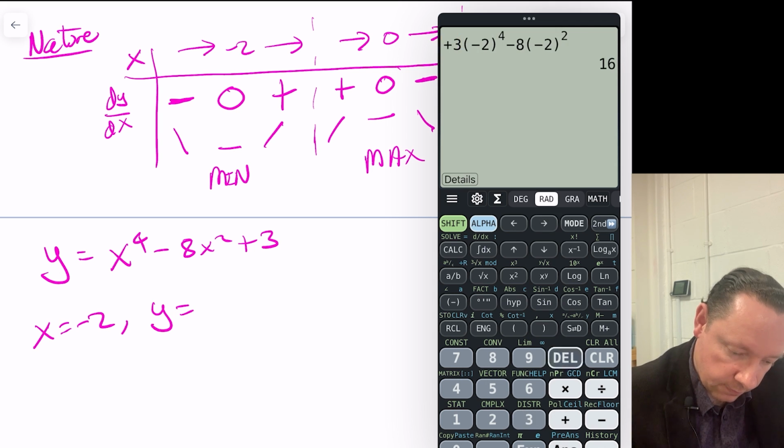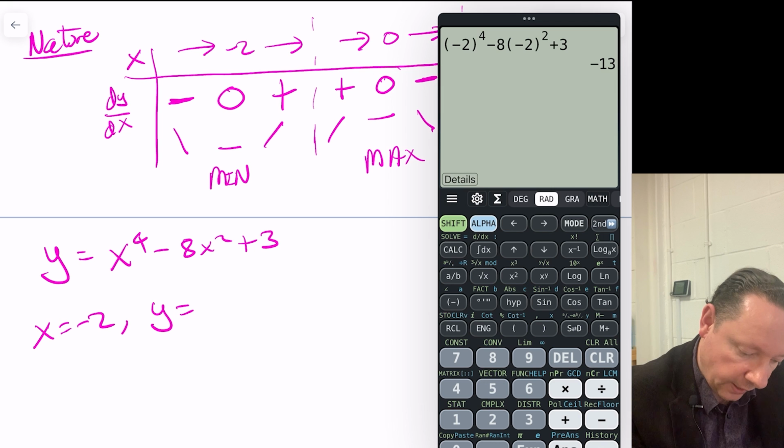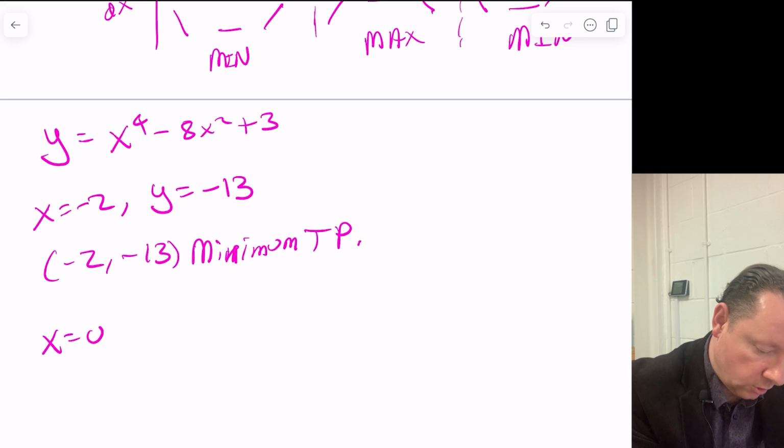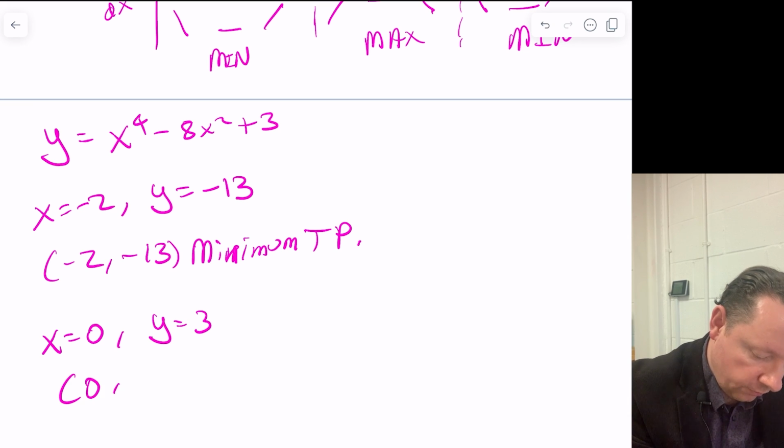That's minus 13. So minus 2, minus 13 is a minimum turning point. When x equals 0, y equals 3. So 0, 3 is a maximum turning point.